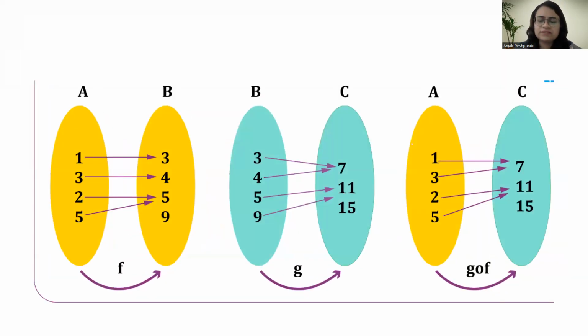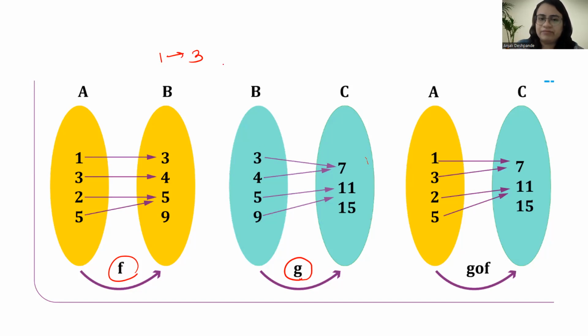Now consider these two sets, A and B. A function f is defined on these two sets, as you can see here. Then I have another function g defined on sets B and C. So if I want to compose these two functions, first I will find the mapping in f. 1 is related to 3.